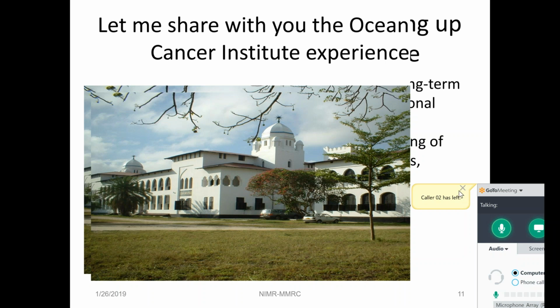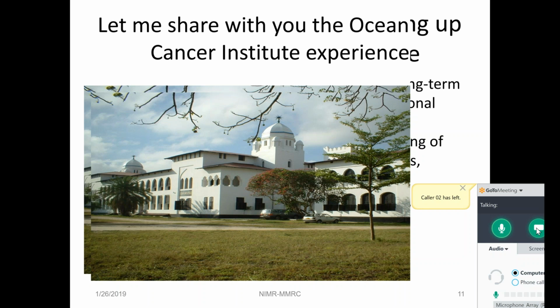So radiotherapy is given free, paid for by the government. For those patients who have national health insurance coverage, the National Health Insurance Fund pays for their treatment. But if you come to the Ocean Road Cancer Institute, there is no fee charged on cancer patients.